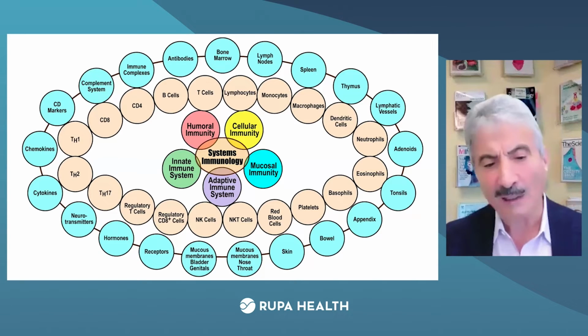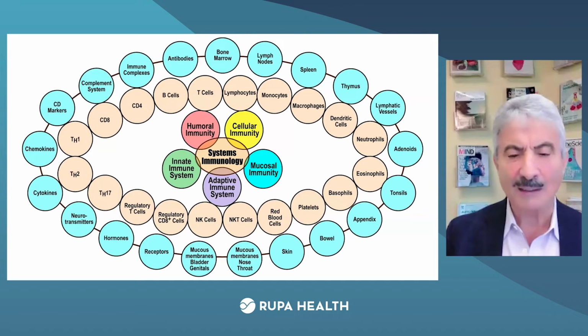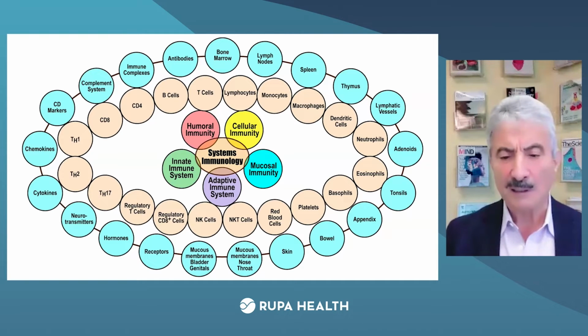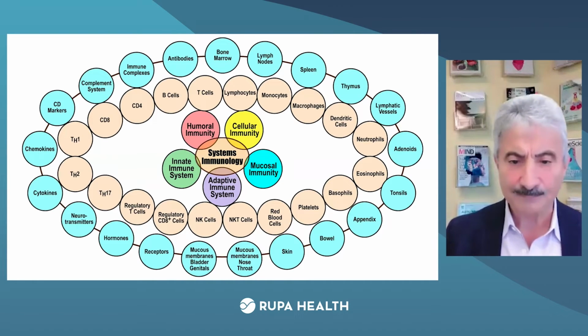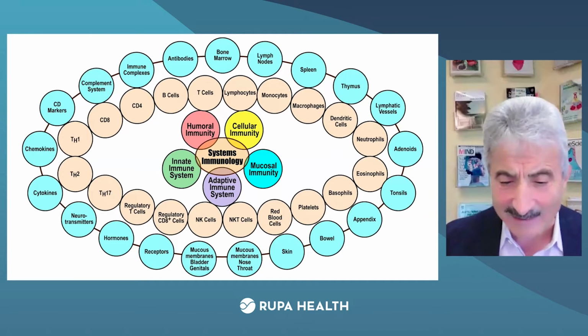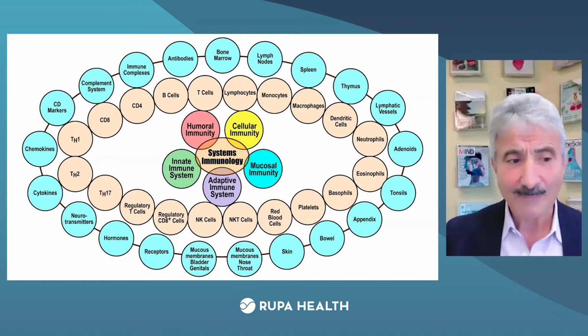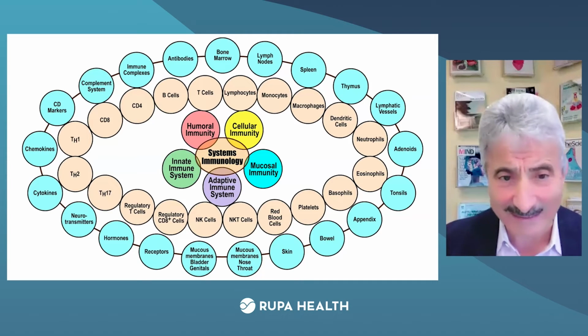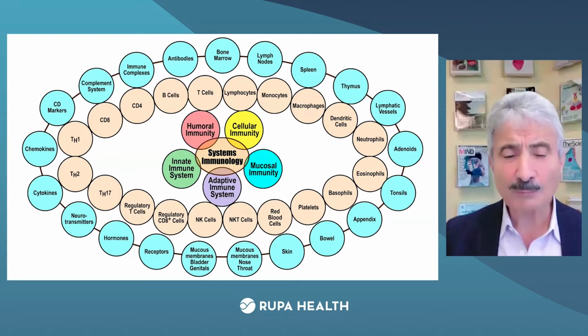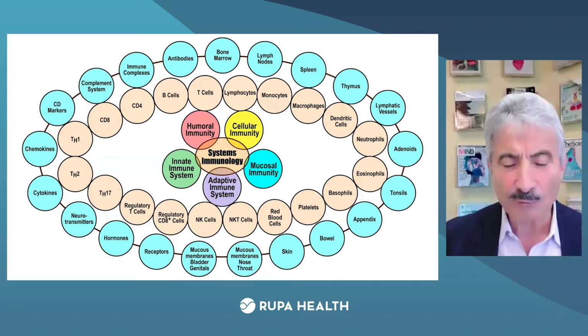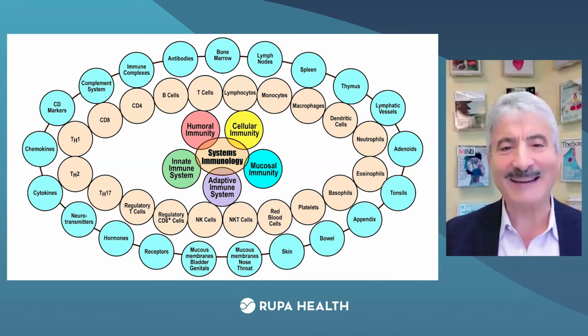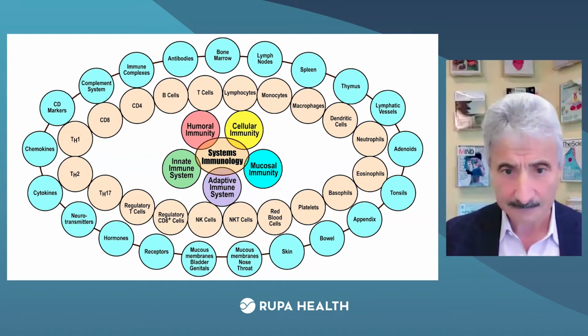In the middle, humoral immunity, cell-mediated or cellular immunity, mucosal immunity, of course innate and adaptive immune system, and all the cells, molecules, and organs that are associated with proper humoral and cell-mediated immune function. All of these are interconnected.